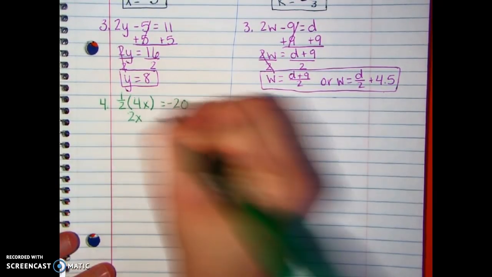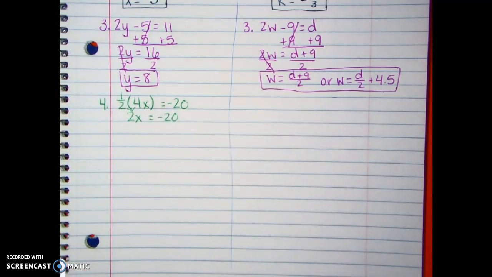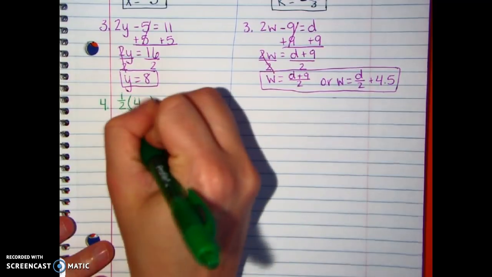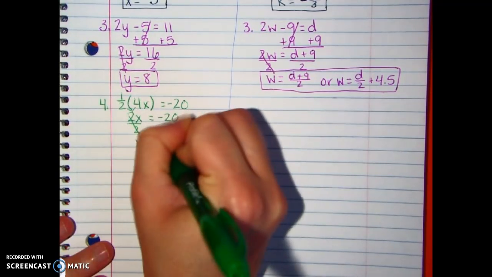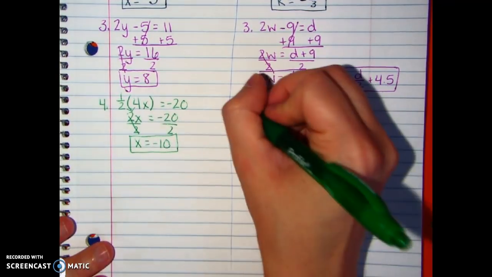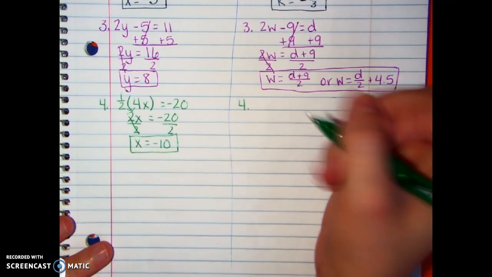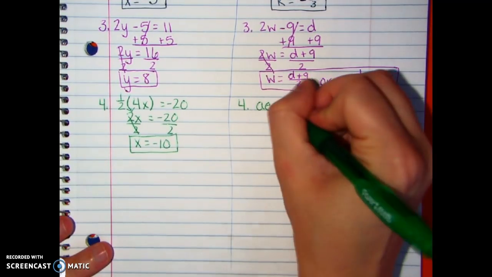So that's 2x equals -20. I just multiplied those two numbers there. Then divide by 2. x equals -10. Okay, let's look at a literal equation version. AEG equals 10.